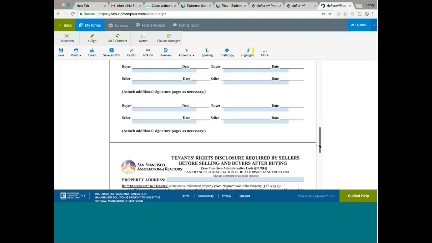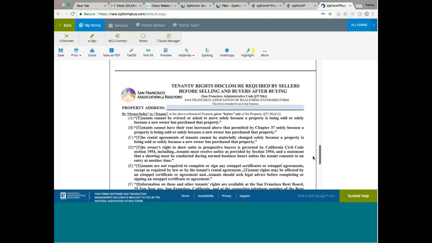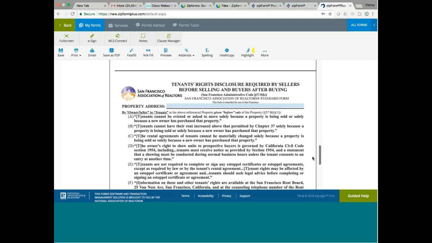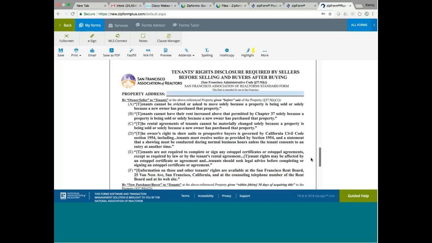Okay. Tenants' rights and disclosures required by seller before selling and buyers after buying.